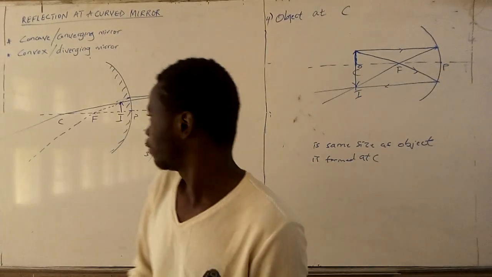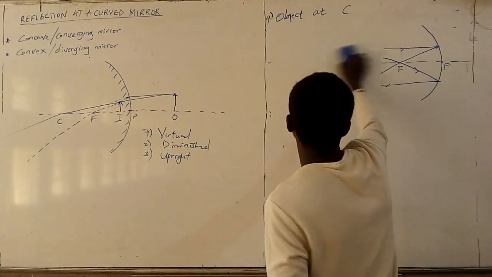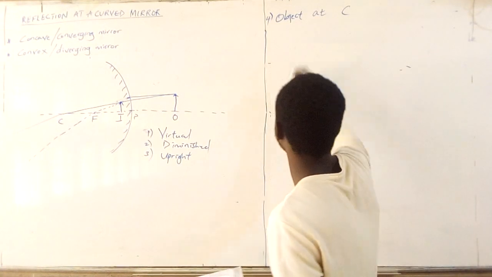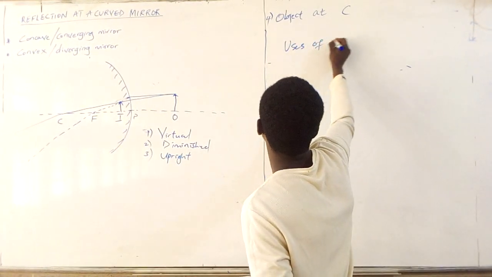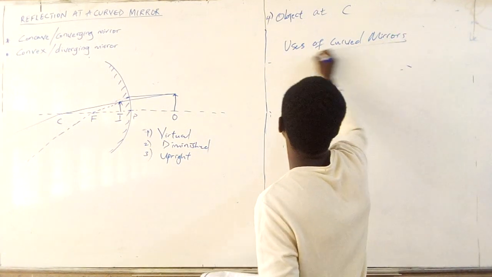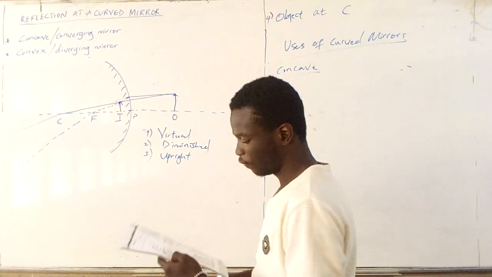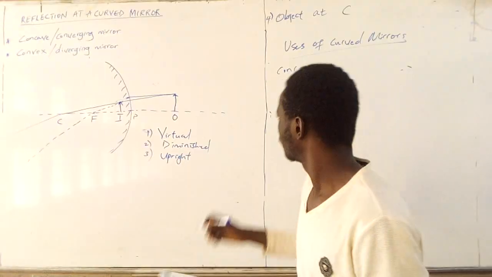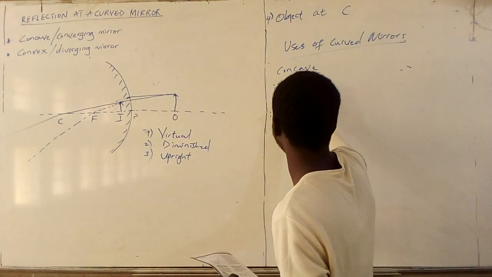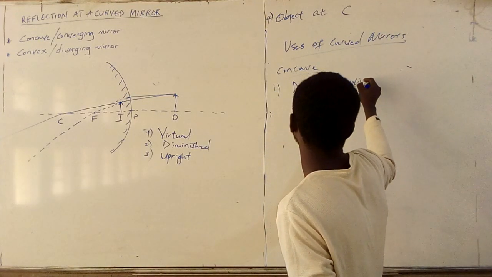Then the next thing we are going to look at are the uses of curved mirrors. So we'll start with the concave. Now for the concave mirror, they are used as dentist mirror or shaving mirror.